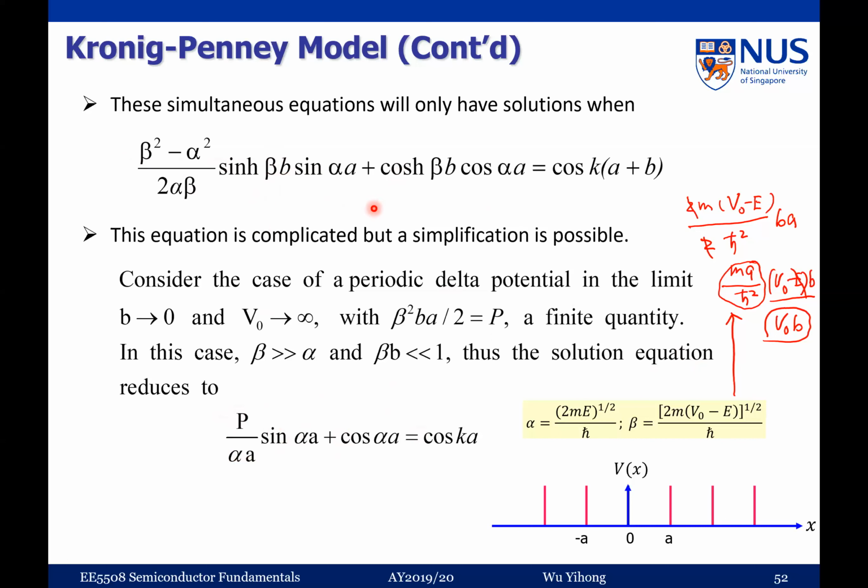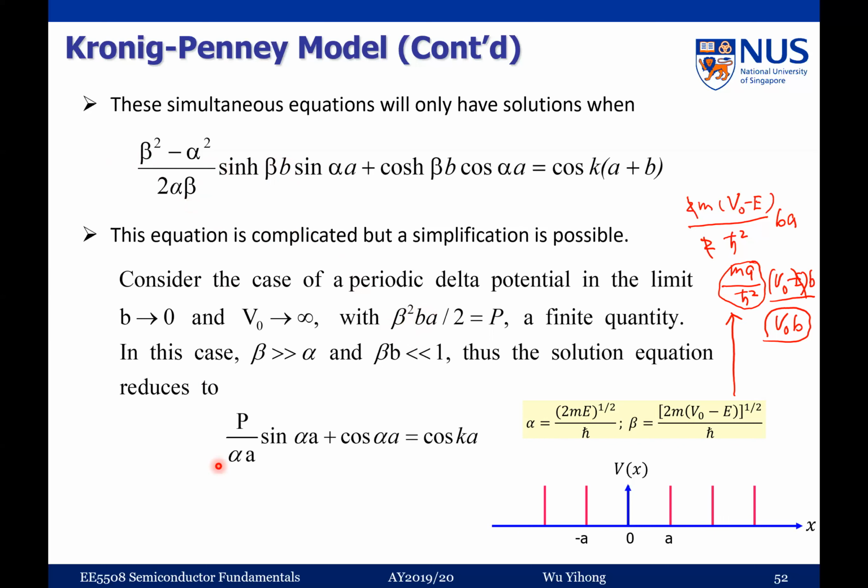You can try to do it by yourself. So this is equal to beta b, and this beta and that beta cancel out, right? That's why you have a b here. Then you have b and beta square. So that basically is this one. All right, that's what you have.